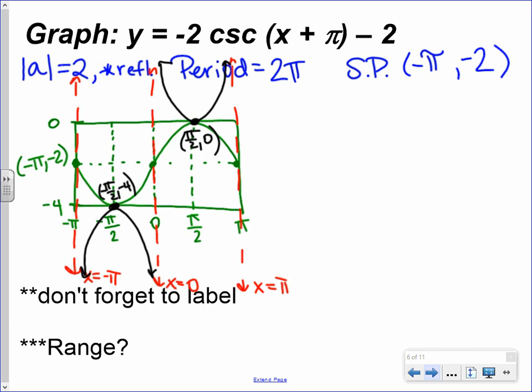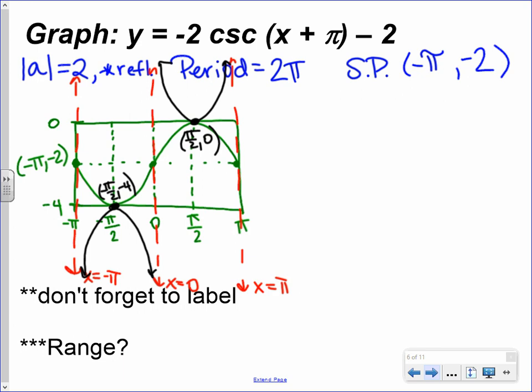They're just not all points. In this case, we have 3 asymptotes to label and 2 points to label to make up our graph. Okay, so what I drew in red and black, that is the actual cosecant curve.